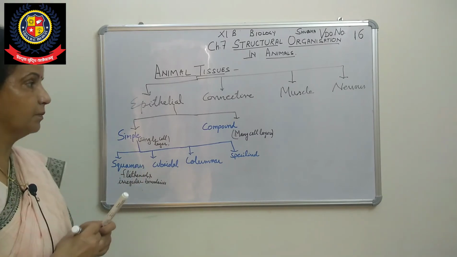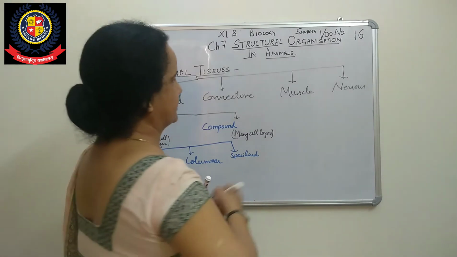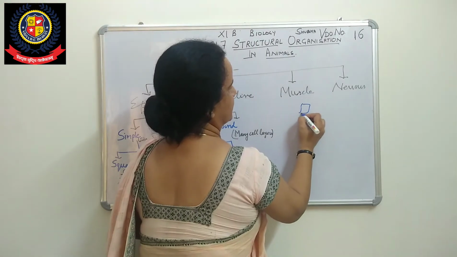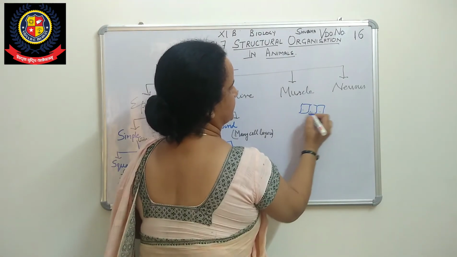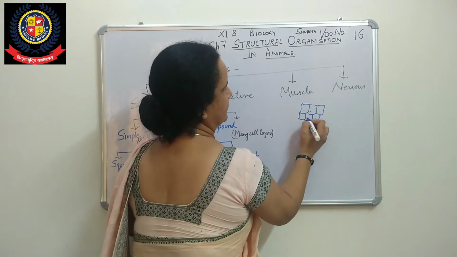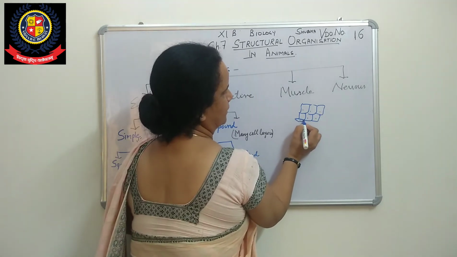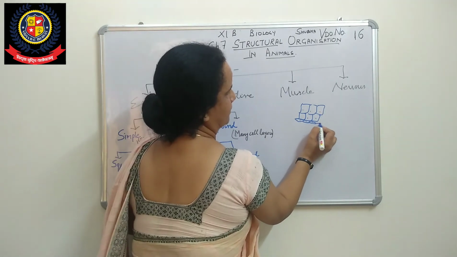Irregular boundaries means, suppose these cells are squamous tissue, then you see flattened cells like this, with irregular boundaries.